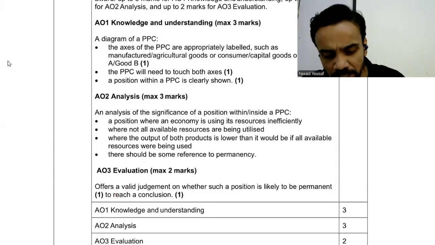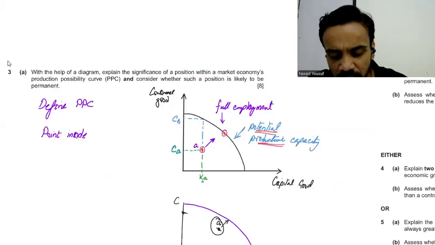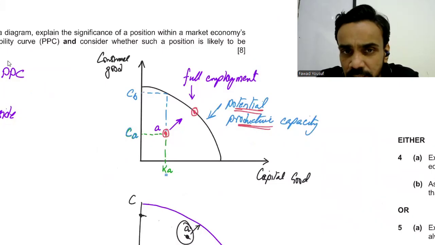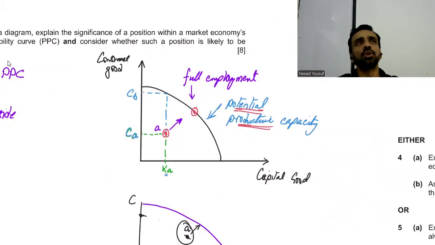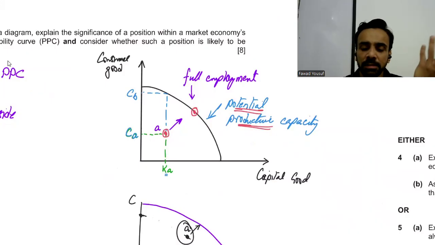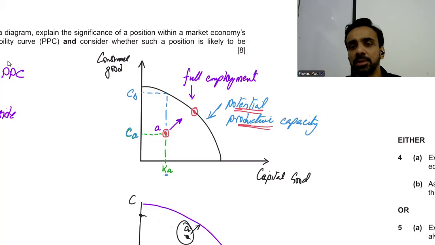I think we spoke in much detail. In my opinion, it's never permanent, a point inside. But even if you say that, if this is an economy like, say, Zimbabwe, for the longest time there is massive unemployment, there has always been political turmoil, so in their case it might seem that they are permanently in a situation of unemployment because of poor governance and all that. They're unable to achieve economic growth and reach potential because they have 95% unemployment for the longest time. Only 5 out of 100 people are working.